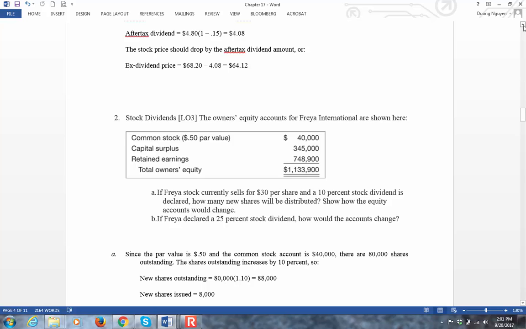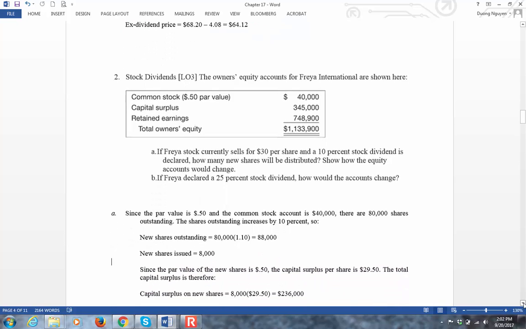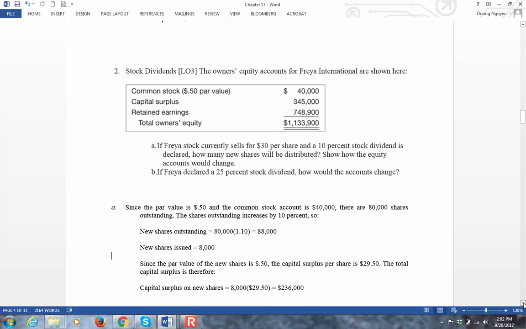So if the stock is currently selling for $30 per share and there is a 10% stock dividend, how will the equity accounts change when this company announces a 10% stock dividend?